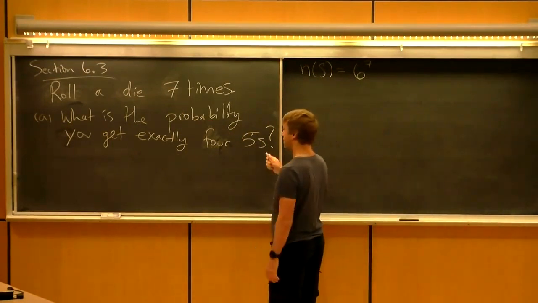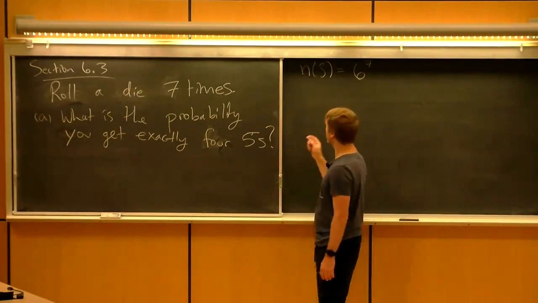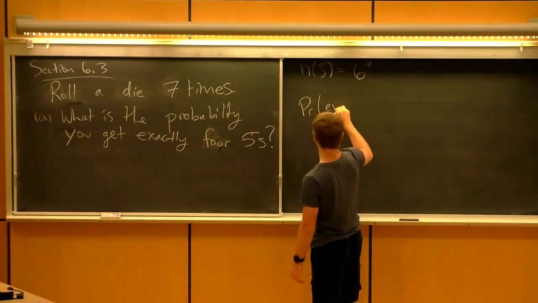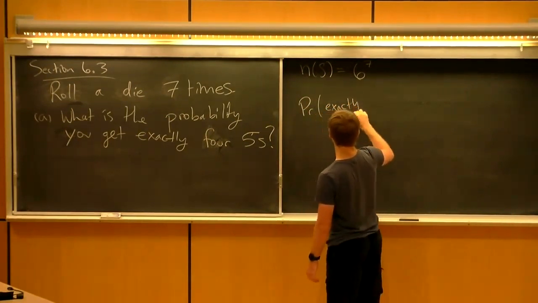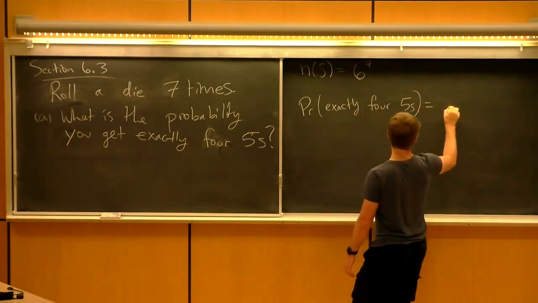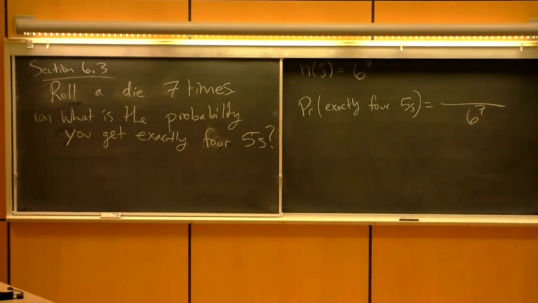Now, our answer for this probability is going to be a fraction, and we already know what the bottom of the fraction is. So the question boils down to how many outcomes have exactly 4 5s?